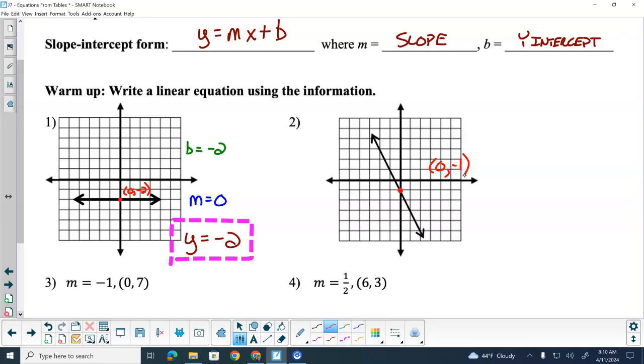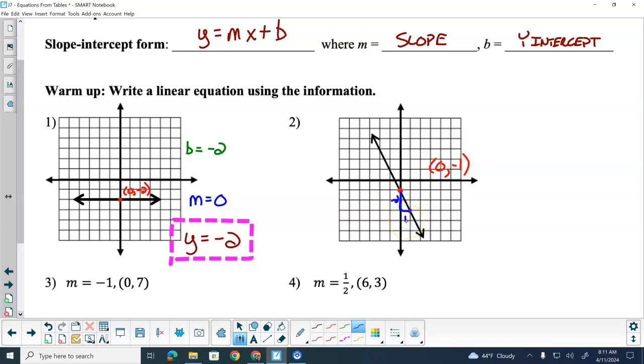Then we got to look for another point that it goes through, right? Let's pick this one right there. So what would my rise be to get to that point? It'd be down 2, so that's -2, and then my run would be +1.